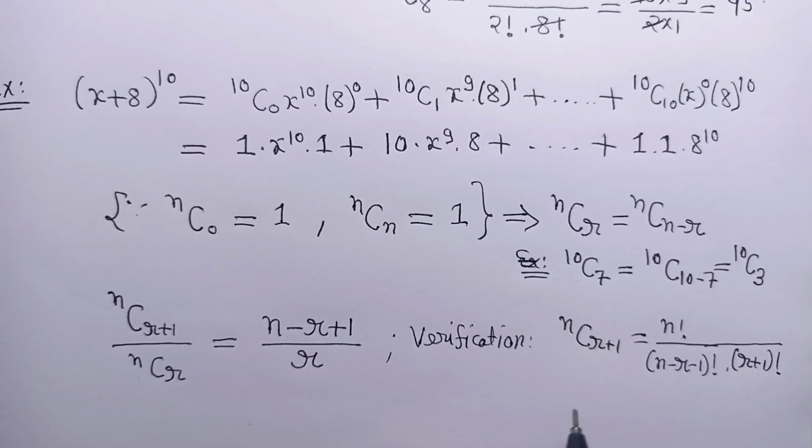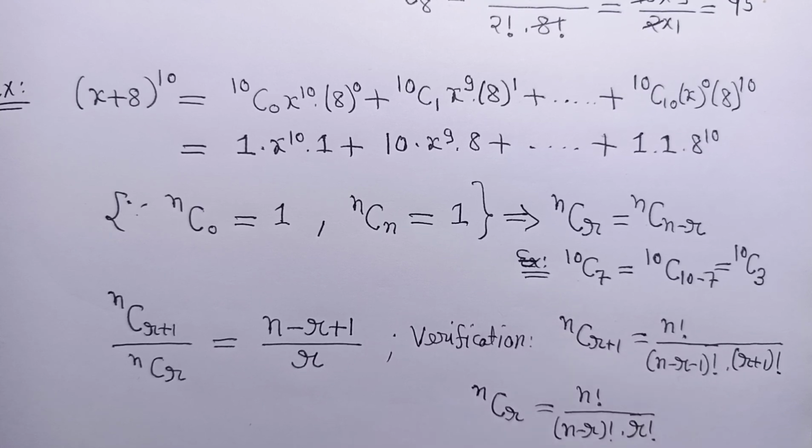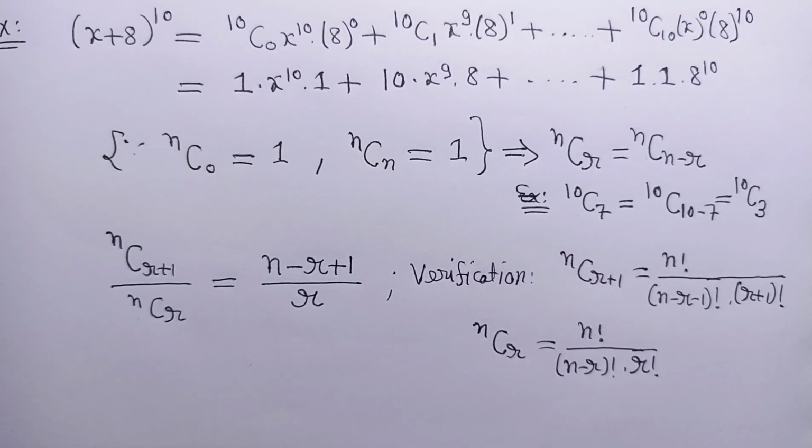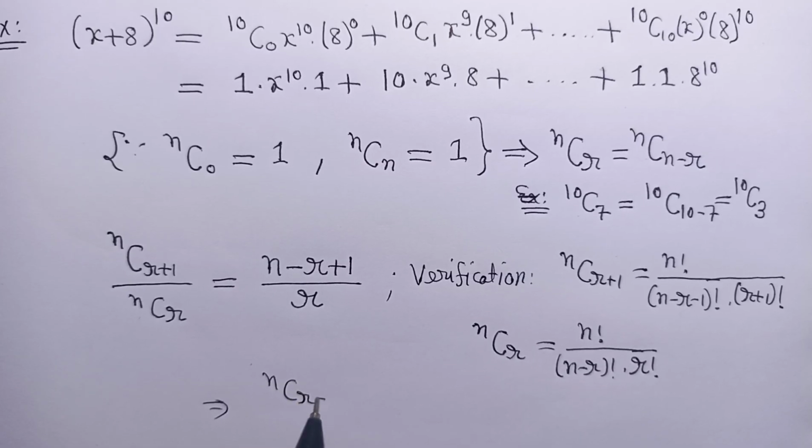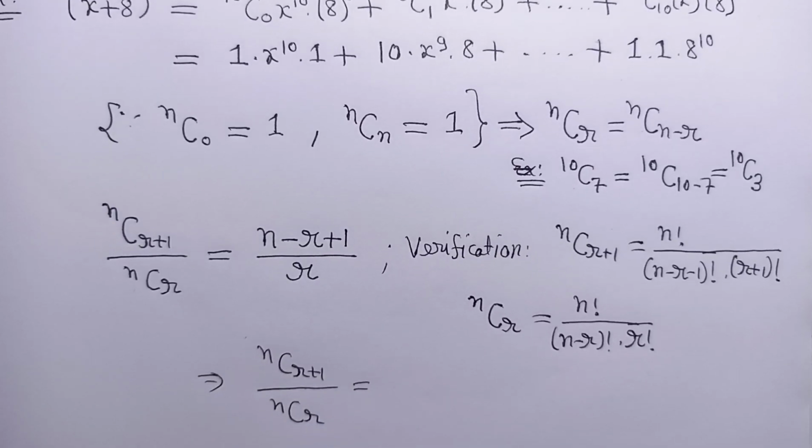We just verify this. Your nCr will be equal to n factorial divided by (n minus r) factorial into r factorial.